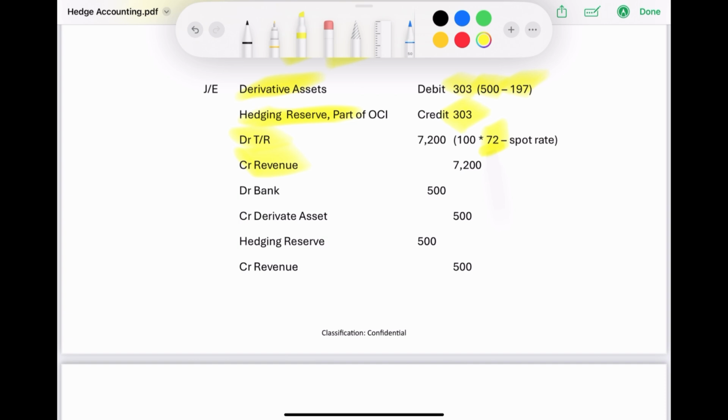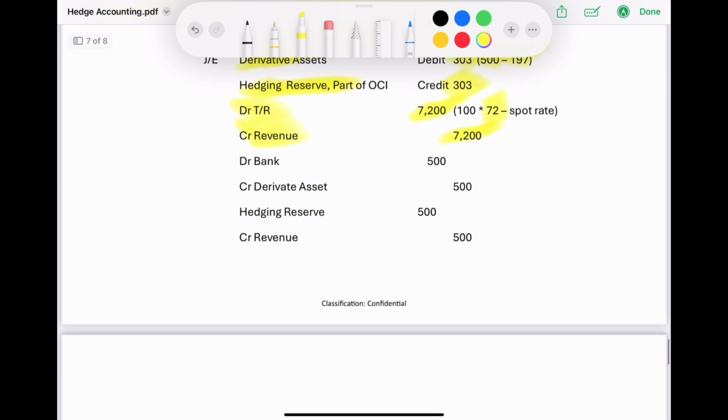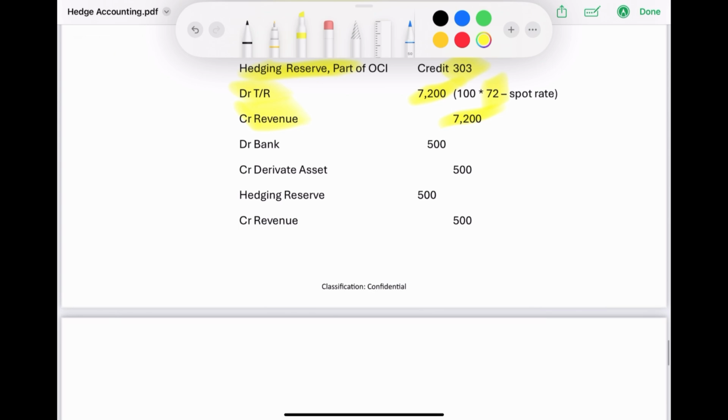So here you should not use the hedge rate to account for the trade receivables. Here you have to use only the spot rate on the date of transaction, which is 72. So your trade receivable will be debited by 7,200 and revenue will be credited by 7,200. But you are realizing an additional 500 rupees, so you can debit bank and then credit the derivative assets.